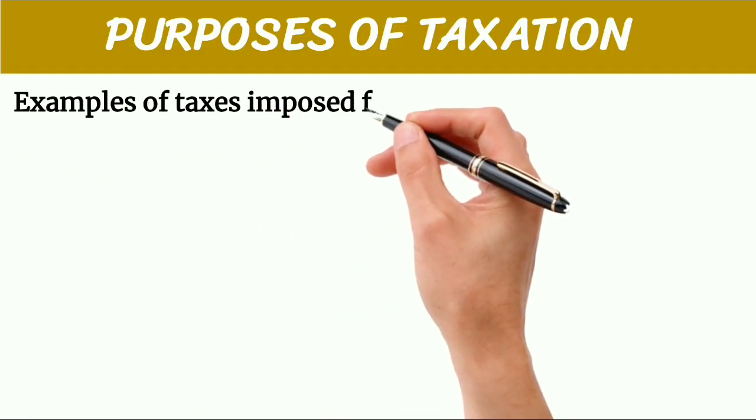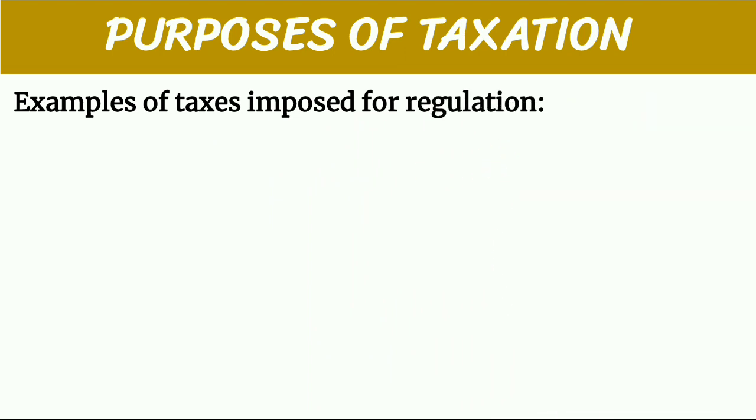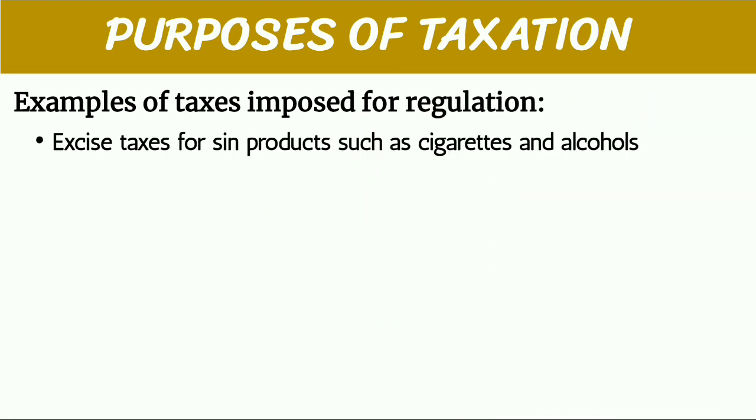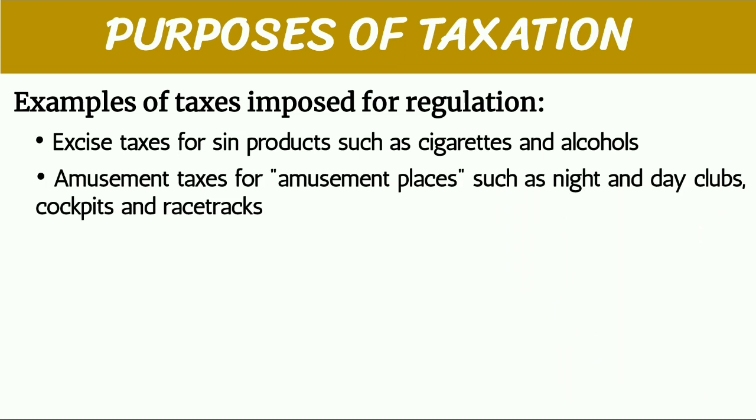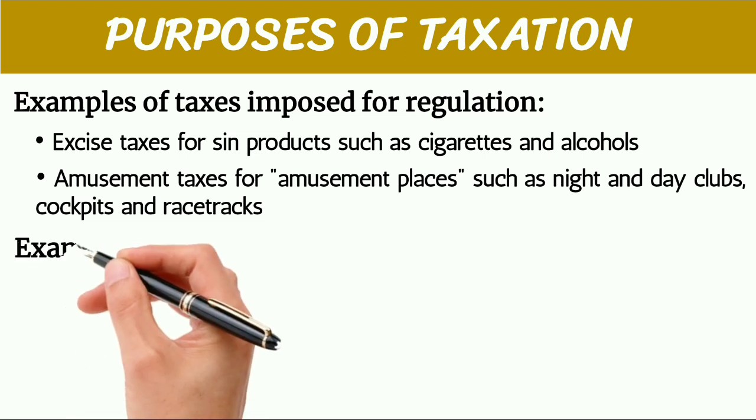Examples of taxes imposed for regulation are excise taxes for sin products or simply sin tax such as cigarettes and alcohols. And of course, amusement taxes for amusement places such as night and day clubs, cockpits, and racetracks.